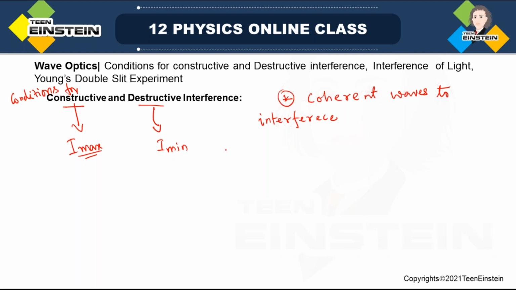So let us take two such coherent light waves.